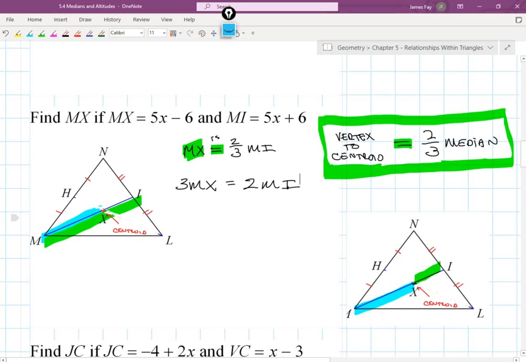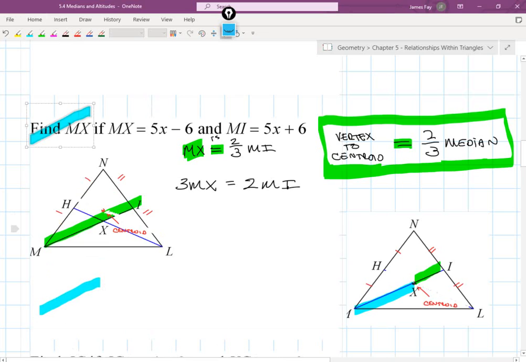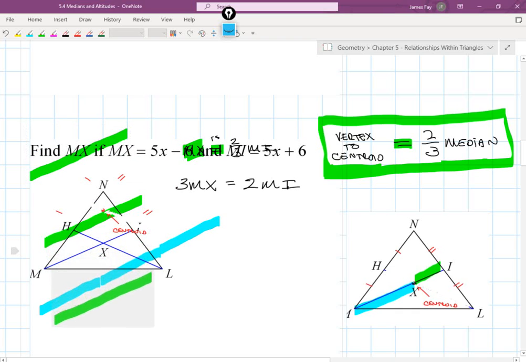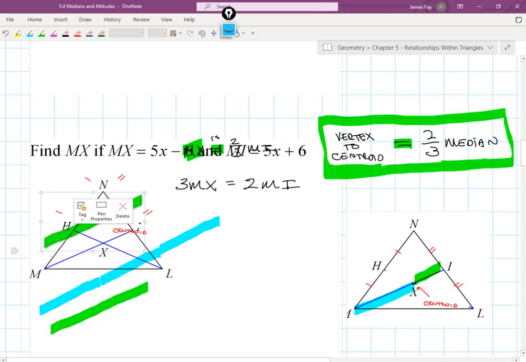And all that means is if I were to take 3 MX's and put them end to end, that would be 3 MX's, right? And then take 2 MI's and put them end to end.